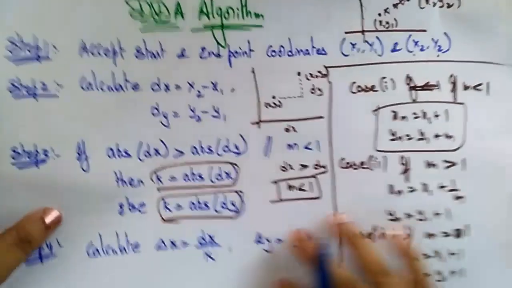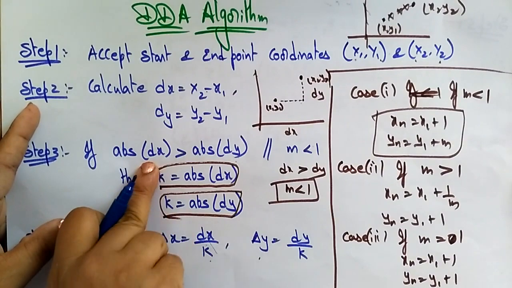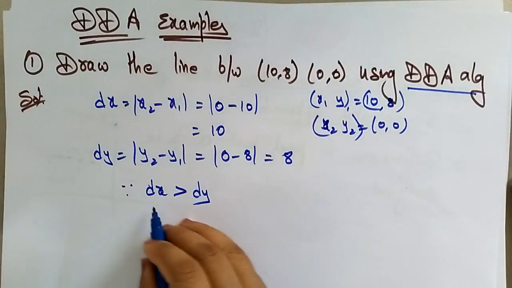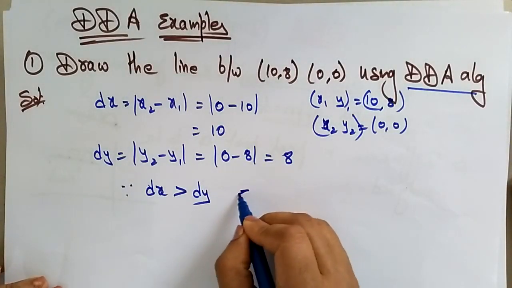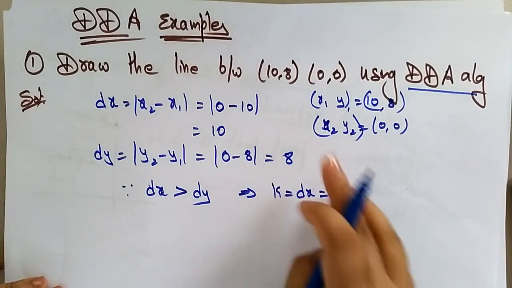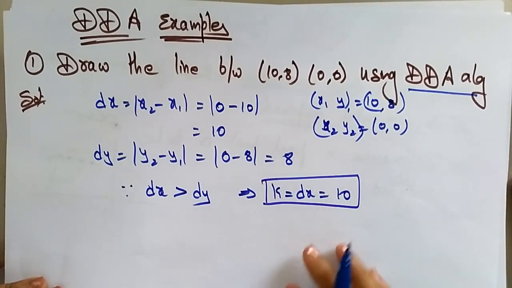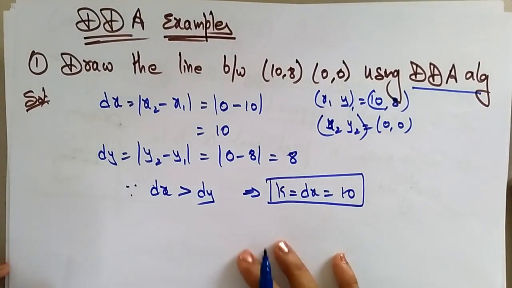So according to the formula, if dx is greater than dy, then k is equal to the dx value. What is the dx value here? 10. So let's take k as 10, which means you have to do the iterations up to 10.